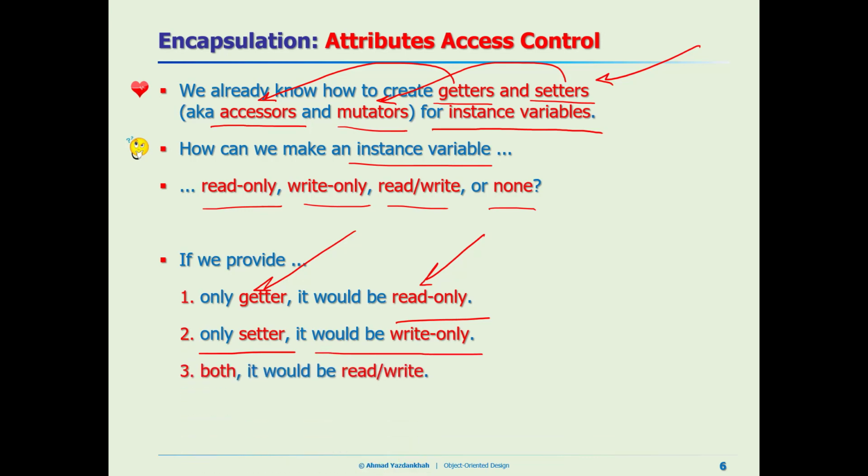If we provide both, the attribute is read write. And if we don't provide anything, the attribute is invisible. In this way, we can hide the attribute from being used by the user, and internally it will be used by the methods.